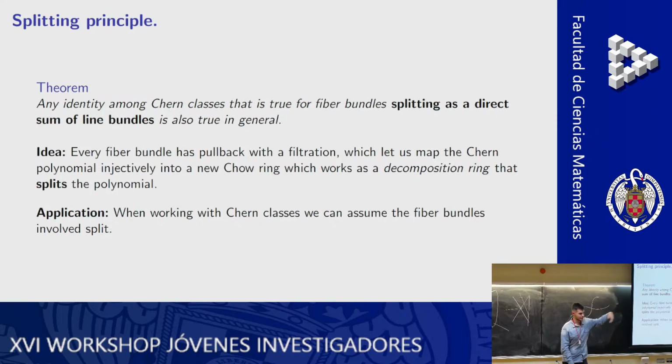if we assume that the fiber bundle splits as a direct sum of line bundles, which is the simplest case, then any identity that you can work out under that assumption is going to be true in general for other types of fiber bundles.